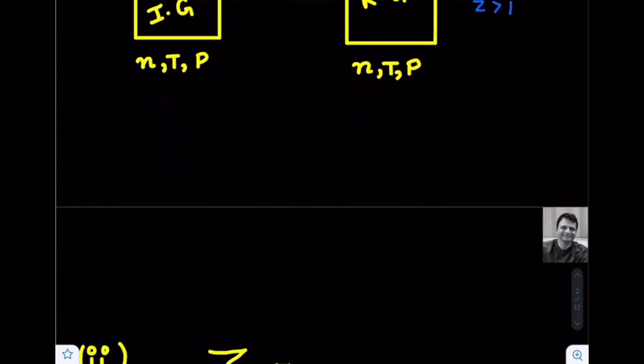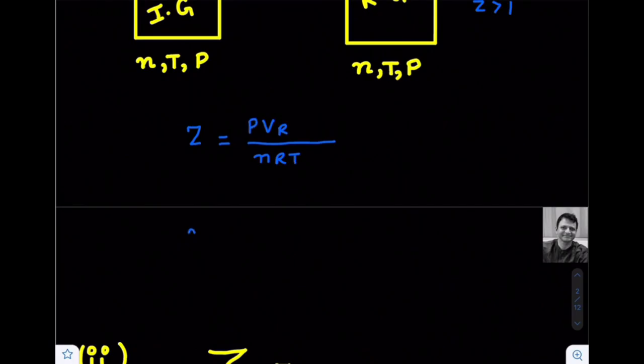From here, if we put the value of volume of ideal gas in the above formula, that Z is equal to volume of real gas upon volume of ideal gas, by using ideal gas equation we can write that volume of ideal gas is equal to nRT upon P, number of moles, universal gas constant, temperature upon pressure.